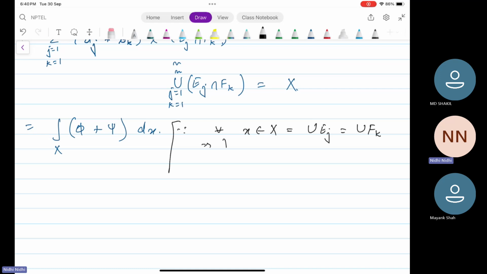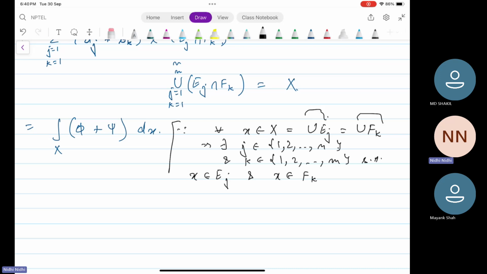This implies there exists some j belonging to the set 1 to n and some k belonging to the set 1 to m, such that x belongs to Ej and x belongs to Fk. Obviously, since x belongs to this union and this union as well, this implies x belongs to Ej intersection Fk.